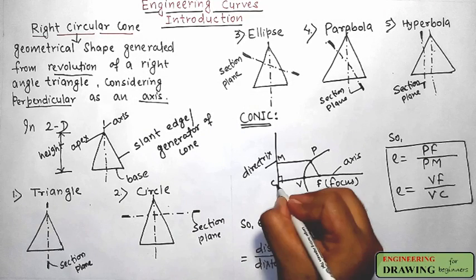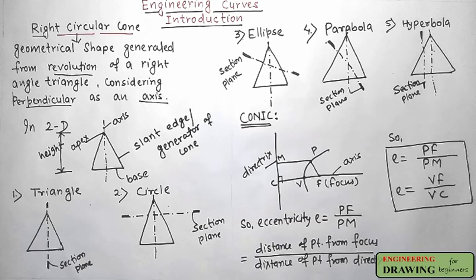This point is C. This was the introduction of different engineering curves obtained from the section of a right circular cone.